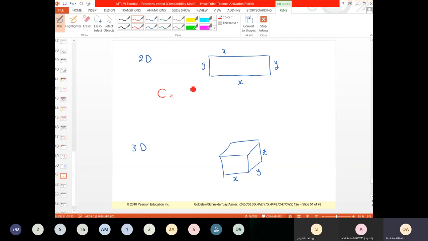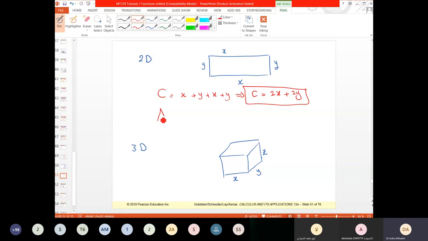You can hear my voice well ولا لا؟ صوتي واضح ولا لا؟ Yeah. So the circumference اللي هو going around the shape, it is X plus Y plus another X plus another Y. It's as if I go around, ألف حوالينا, I go around the shape. So the circumference actually is equal to the 2X plus 2Y. هذا المحيط. Yeah, 2X plus 2Y actually.